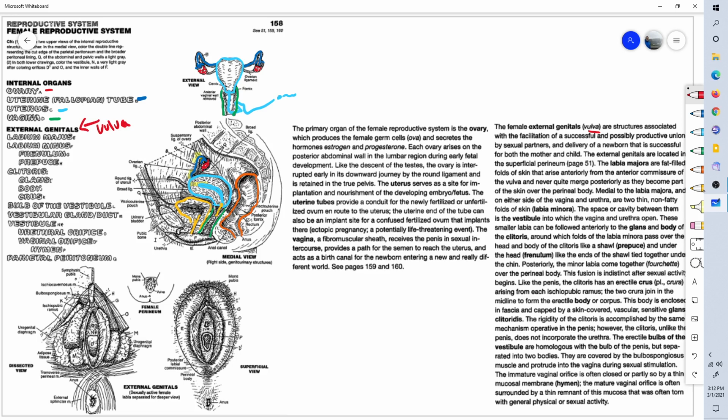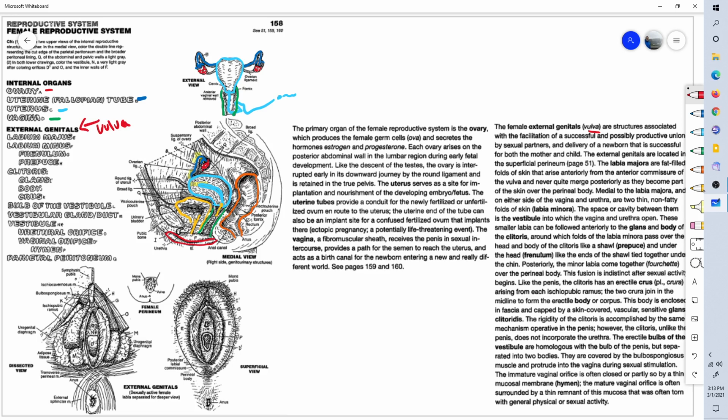So let's start with the labium majus, or the labia majora, the labia major. Labia means lip. And so this is the outer sort of layer or lip of the vagina called the labia majora.